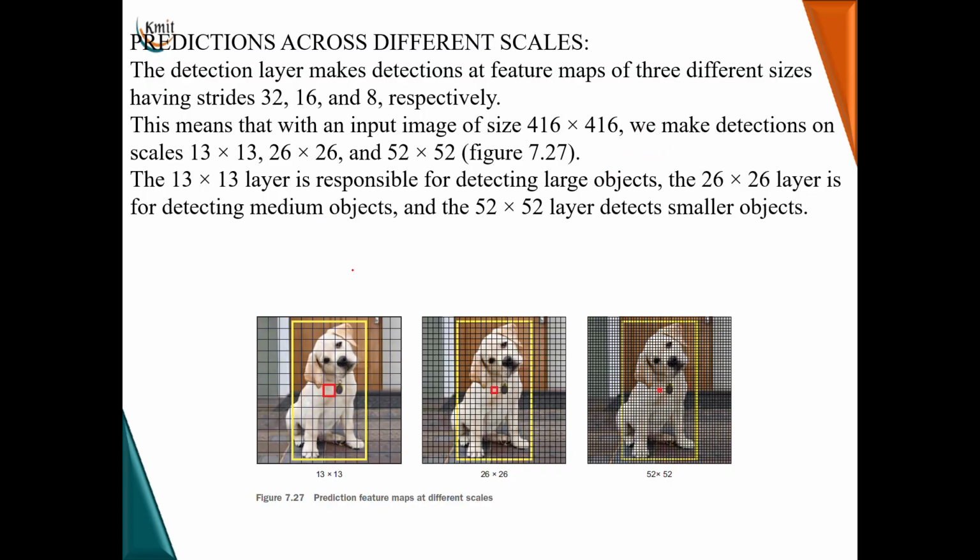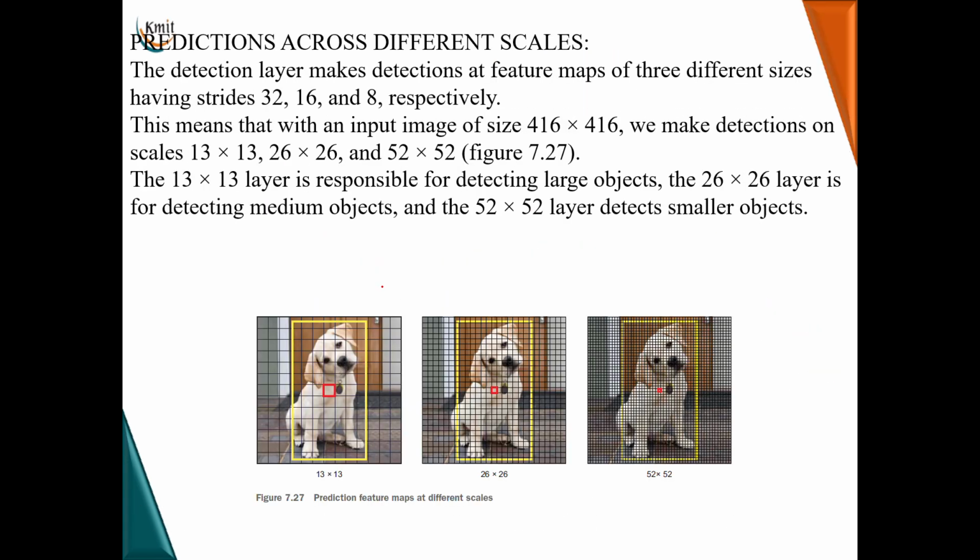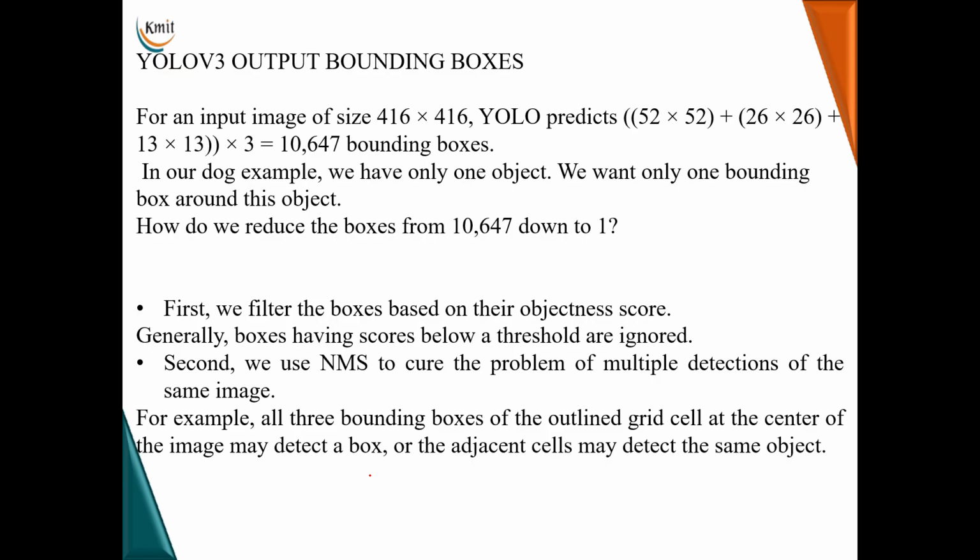When we are making predictions across different classes, you can see that here you had 3 predicted feature maps. Those are generated as 3 different feature maps: 13 by 13, 26 by 26 and 52 by 52 respectively. Why? Because larger feature maps will detect small objects, and smaller feature maps will detect larger objects.